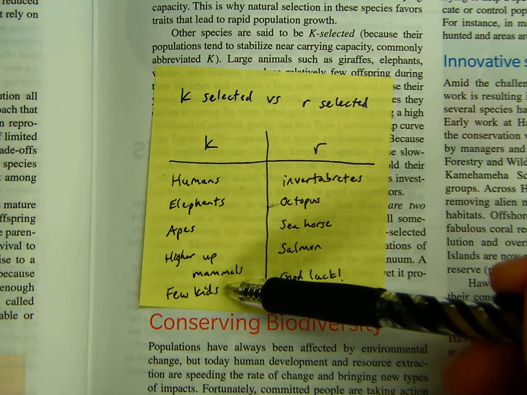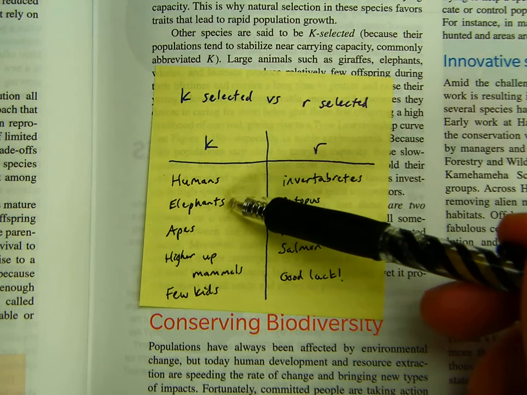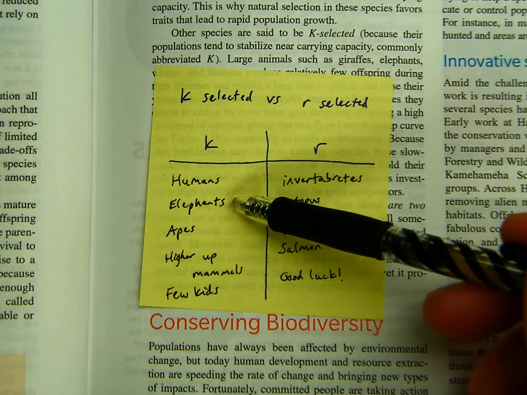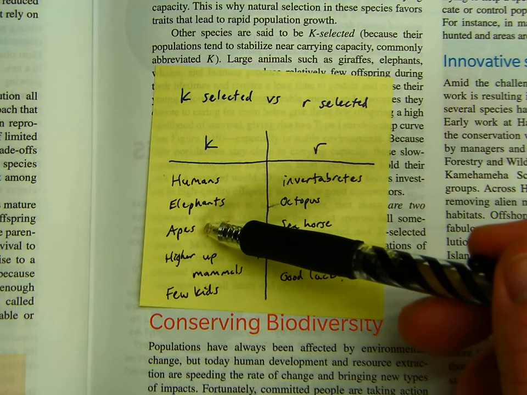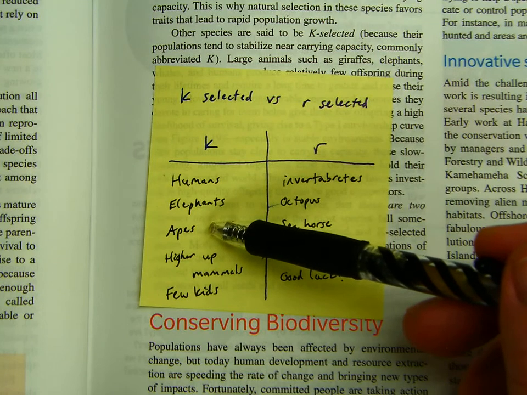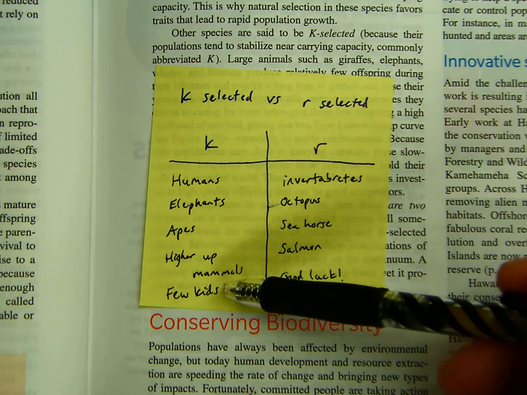They typically have few kids because they care for them a lot. Like humans, we spend a lot of time and energy on our kids. Elephants are pregnant for 21 months and then they care for them a ton. Same thing with apes. They're pregnant for about the same as humans, but they spend a lot of time with them. Bears, it's the same thing. Lions, the same thing. The higher up mammals: few kids, lots of care for their young.